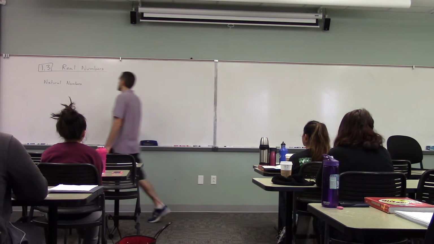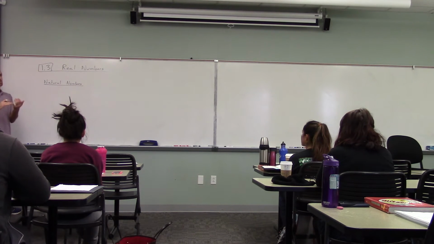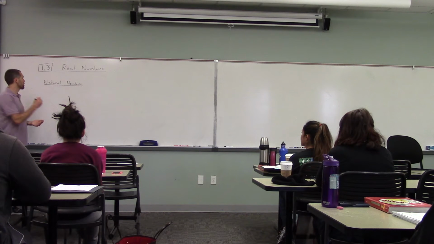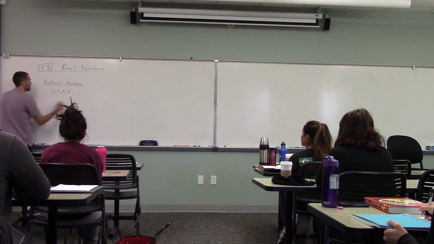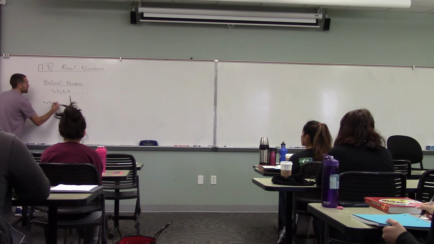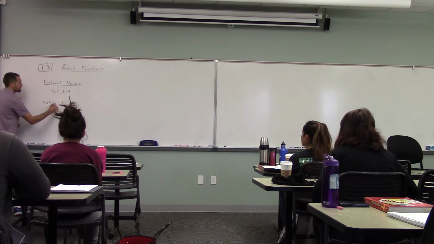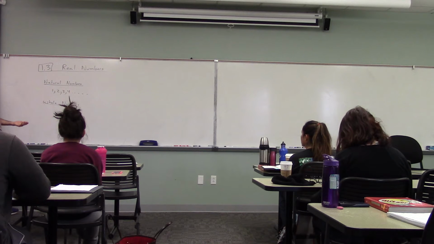So, we've got natural numbers, which are naturally the way we count. That's the easiest way I remember it. 1, 2, 3, 4, 5, right? We've got whole numbers, which are often misused to mean integers. But whole numbers are just the natural numbers including 0.